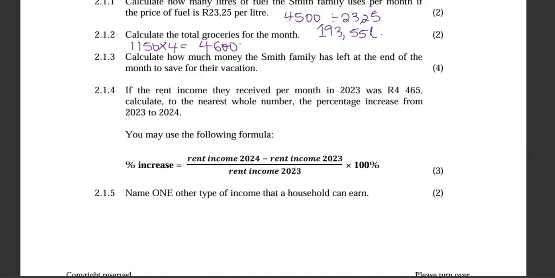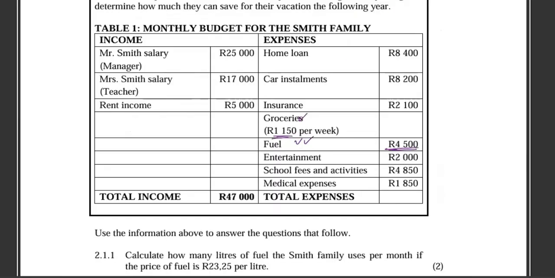And this will bring us to 4,600. Calculate how much money the Smith family has left at the end of the month to save for the vacation. Remember, this is going to be income minus expense to get whatever remains. Okay, what we're going to do is look at it nicely. We're going to add everything. Even here, we've got that this is now 4,600.